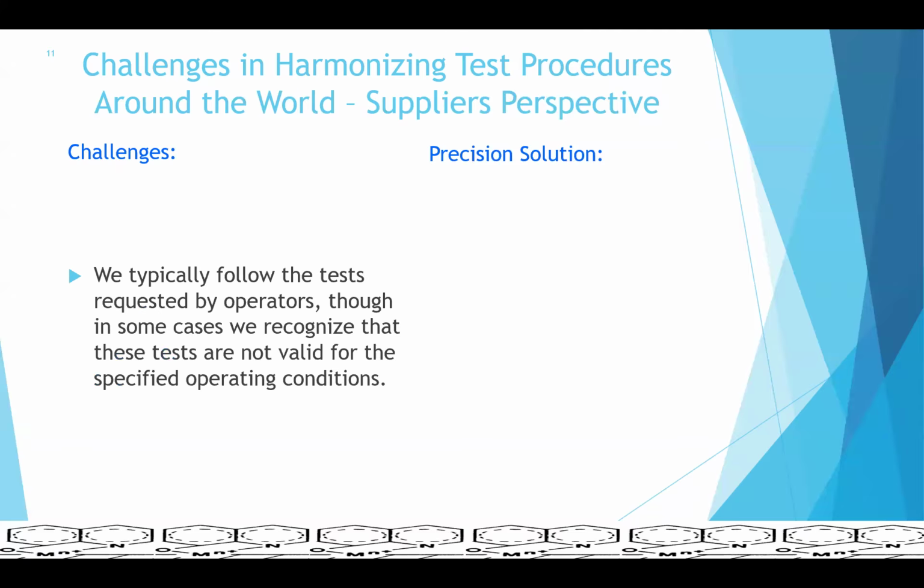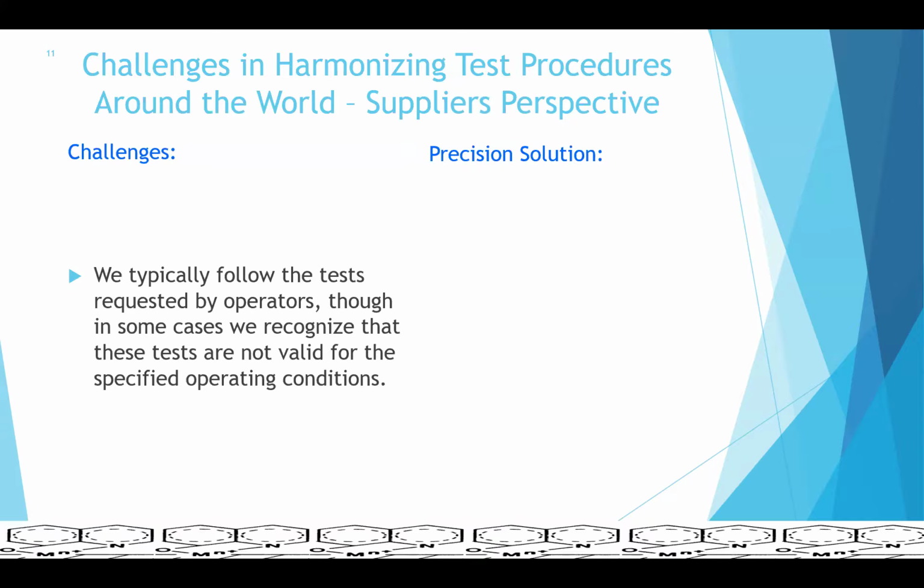The other challenge for the suppliers is that they normally are forced or encouraged to follow tests requested by the operators, though in some cases, that test may not be valid for the specified operating conditions.